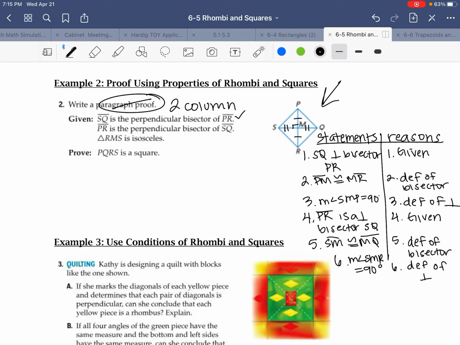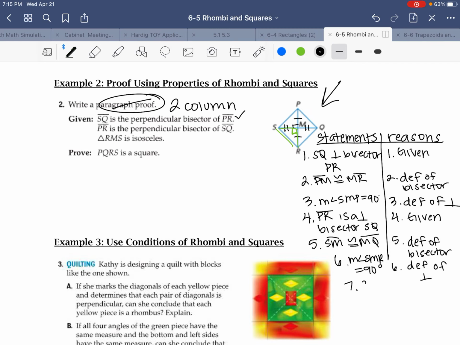The last thing that we're told is that the triangle RMS, so we're looking directly right here, RMS, is isosceles. Because that is isosceles, and we know that this is a right angle right here, SM and MR must be congruent to make that a 45, 45, 90 triangle.